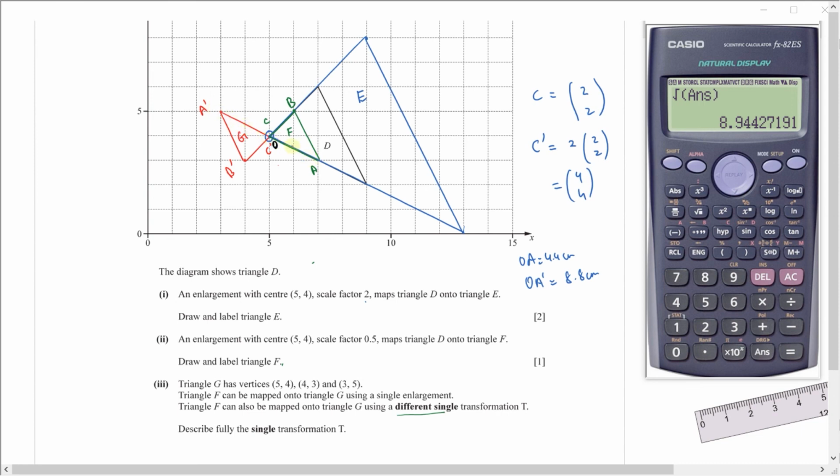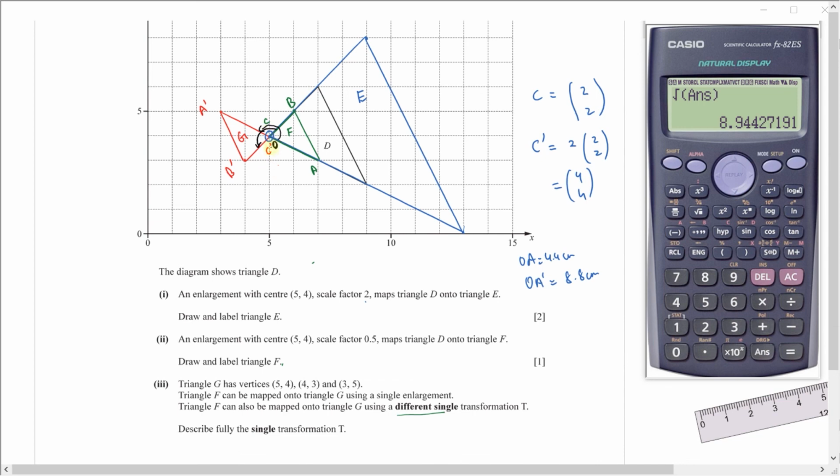If you rotate this line OA 180 degrees like this, you get the line OA dash. So that's good. And then similarly, if you have this line OB, if you rotate it 180 degrees, you get this line OB dash. So that means it's a 180-degree rotation around this center.